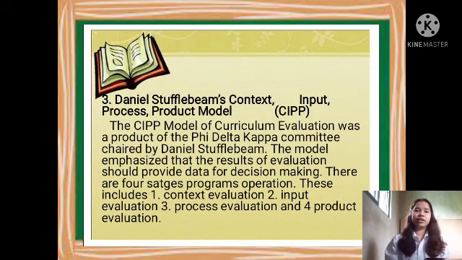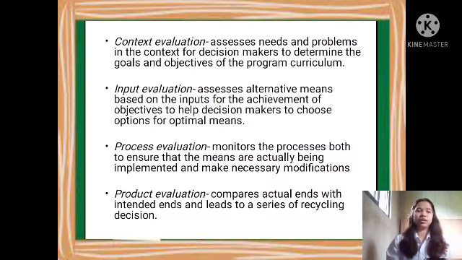However, any evaluator can take only one of the four stages as the focus of evaluation. So let's discuss the four stages of the program operation. So first is the context evaluation.